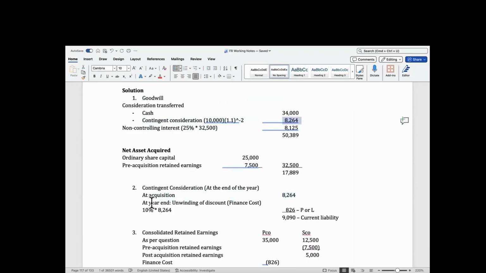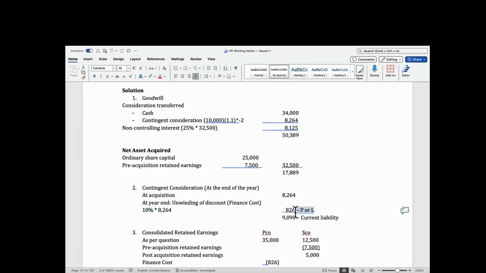You would add the unwinding of discounts, which is like finance costs, interest. And that is determined as the interest rate of 10% as given in the question times the opening value, which is this 8264. So that gives us 826. This one, we are going to take it to P&L of the parent as a finance cost.